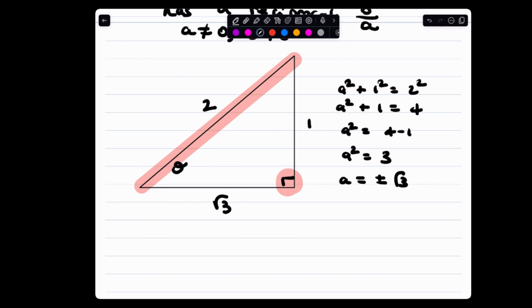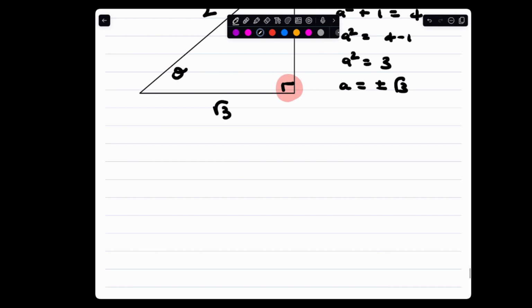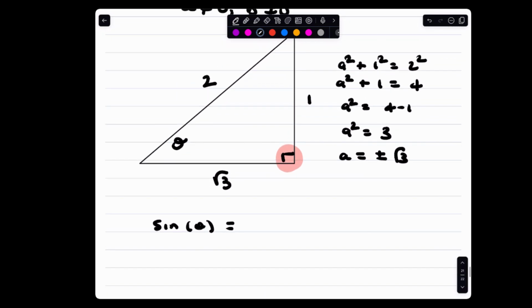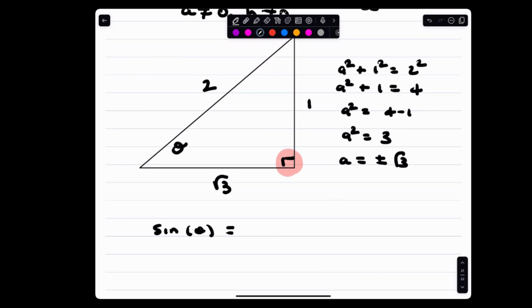All right, let's get this out of the way. Now, if I said to you, and this is what's going to happen, you need to know what sine of angle theta is going to be. Sine of this angle, what would you say this is? Anybody have an idea?